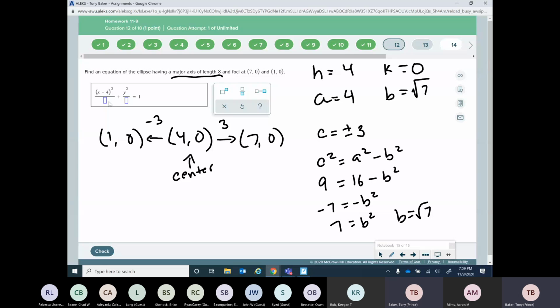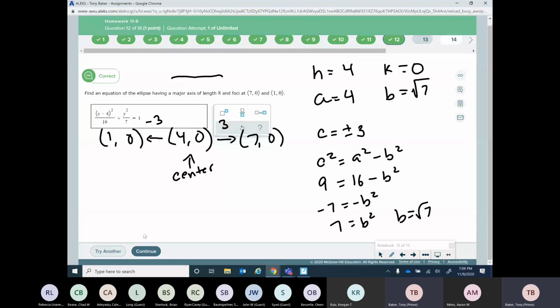The value that changed was my X. So therefore, my bigger number, in this case 16, is under my X value, and my Y value will be 7. So with a little bits of information, you can work your way through to find the full equation.